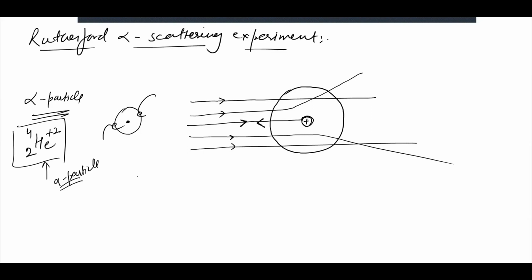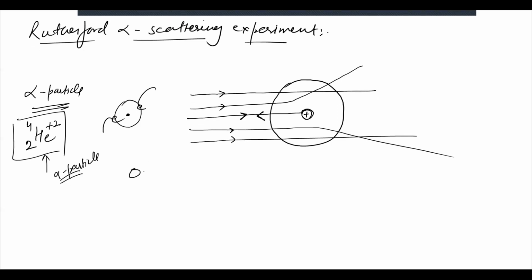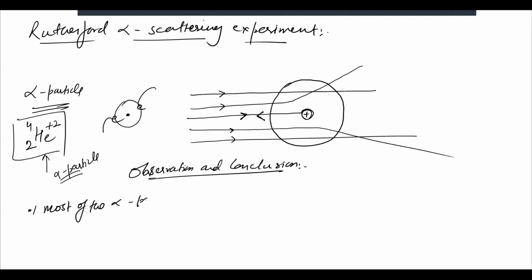So write down the observations and conclusions. First, most of the alpha particles passed without any deflection.